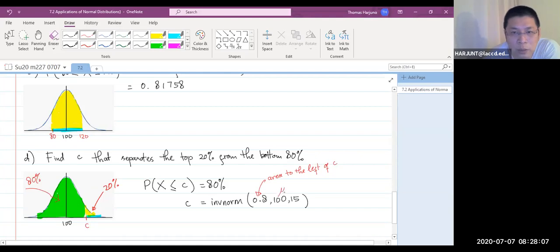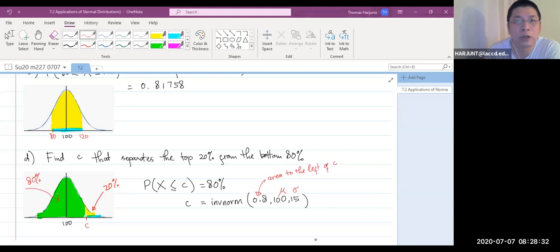Of course, this is the mean, and this is the standard deviation. Now, inverse norm is located right below normal CDF. And we can try punching it in.